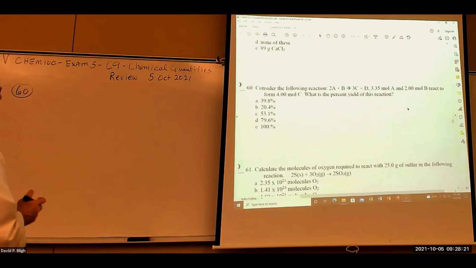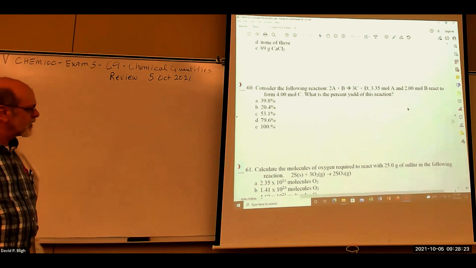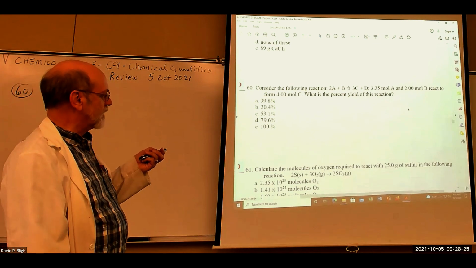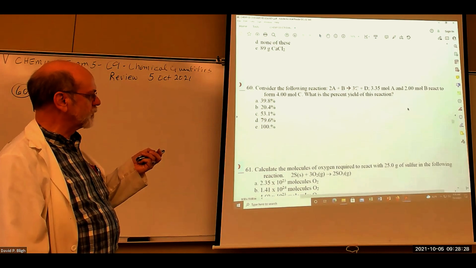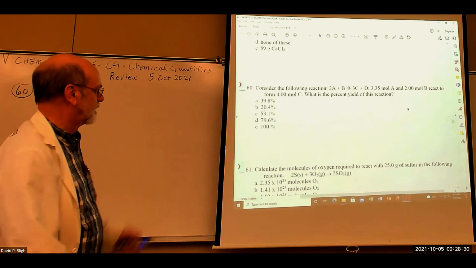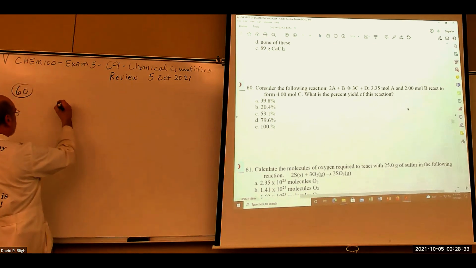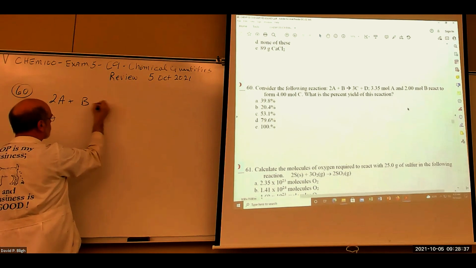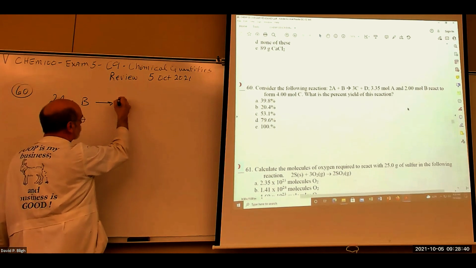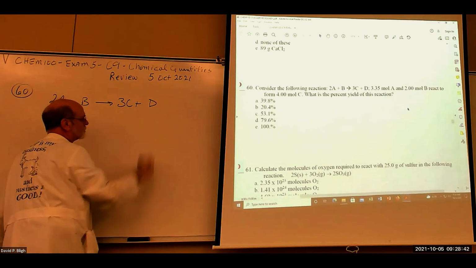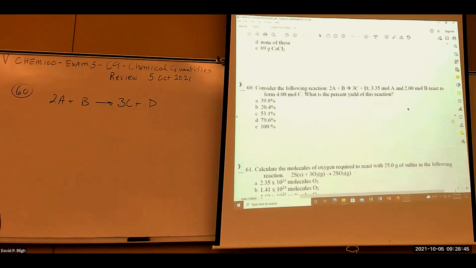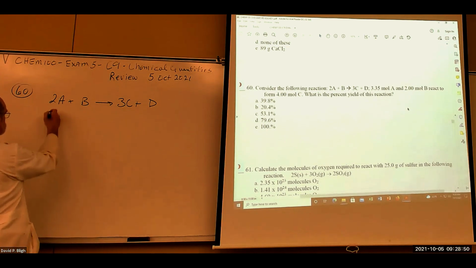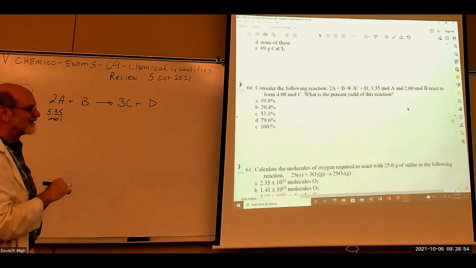There it is, 60. Consider the following reaction. We have to assume that this is balanced. 2 A's plus 1 B yields 3 C's plus 1 D. So let's put that up there. 2 A's plus 1 B yields 3 C's plus 1 D. Now we're also given 3.35 moles of A. Okay?